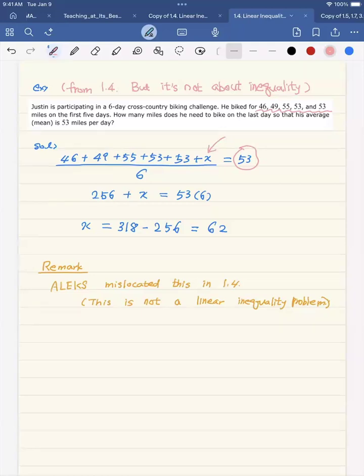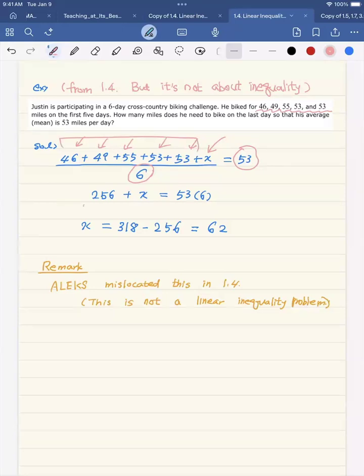We are considering the average, so we have to divide by how many numbers are added. There are 6 numbers, so we divide by 6. You can use your calculator to calculate this sum.